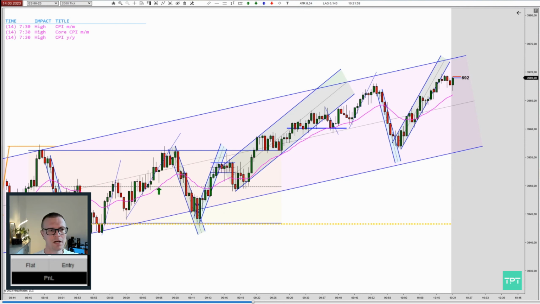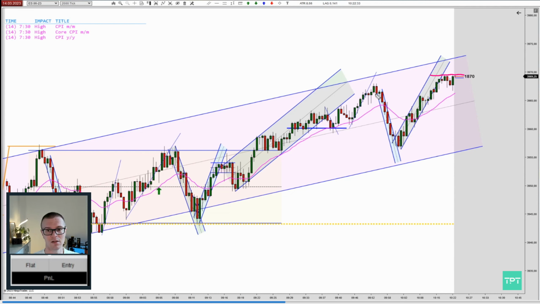A short moment after that, you can see there was a break of the structure, and we pulled back here, but we were not touching the EMA, and I would like to see a touch of the EMA to consider a long. You can see prices are flying a bit above the EMA, so that's not an ideal setup for me, because you would enter far above the EMA, and you would enter directly into the highs.